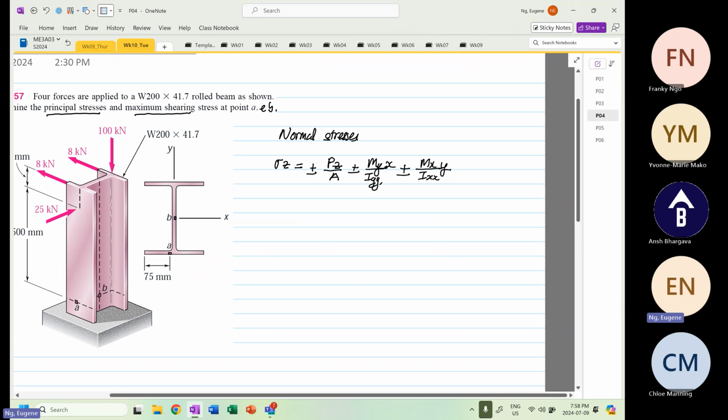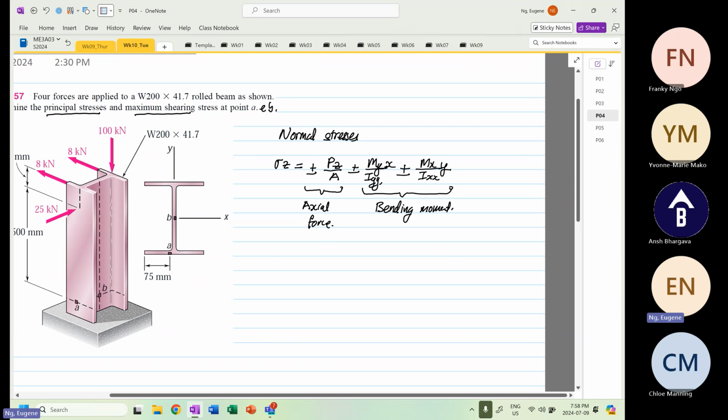So we are going to use this equation, right? This we know, this should be very familiar to you guys. This is due to the axial load, and this equation over here, both of them are due to bending moment. This is just the normal stress.